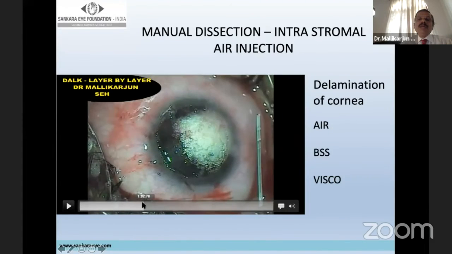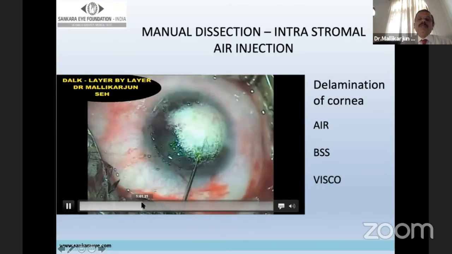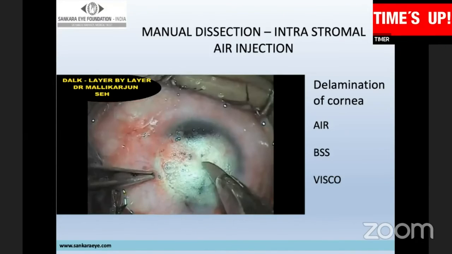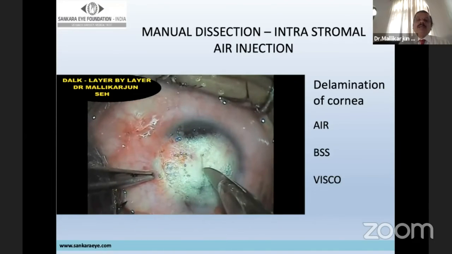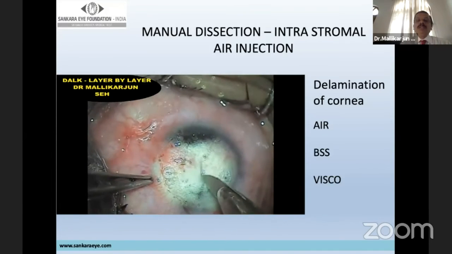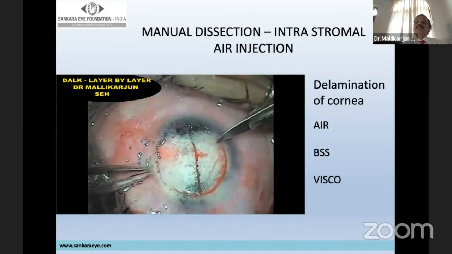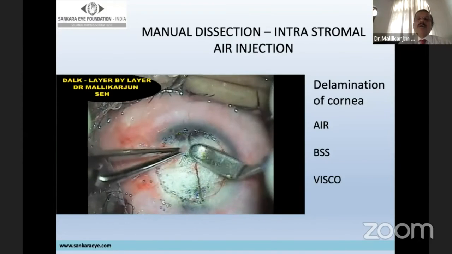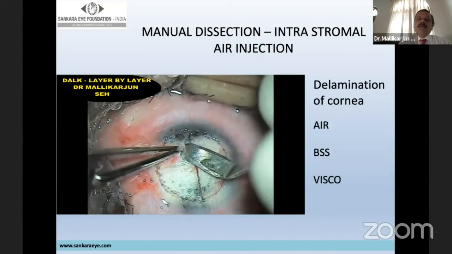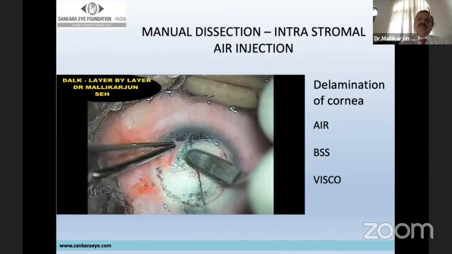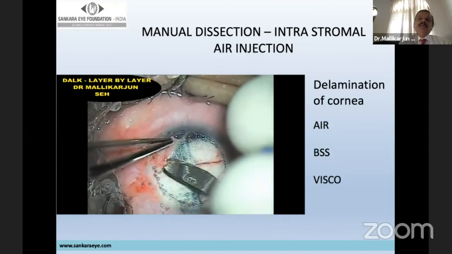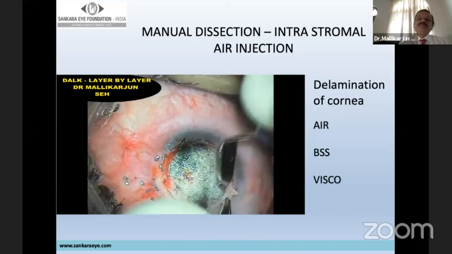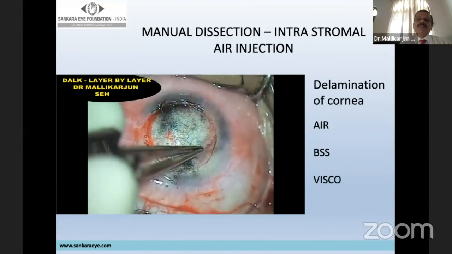Now, with the help of air, I'm injecting air in the stroma, and my aim is not to achieve the big bubble, just to do a delamination of the cornea. This can be done with air, BSS, or viscoelastic. I make a plus-like incision there, and then it would be easy for me to take out the 4 quadrants of the stroma.